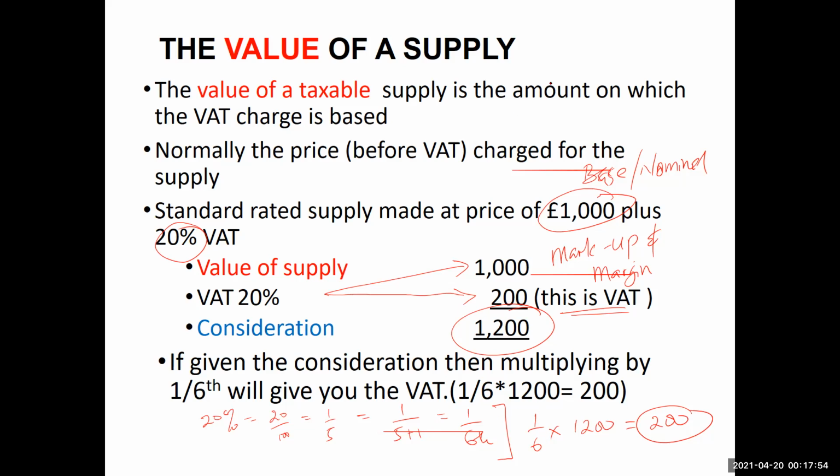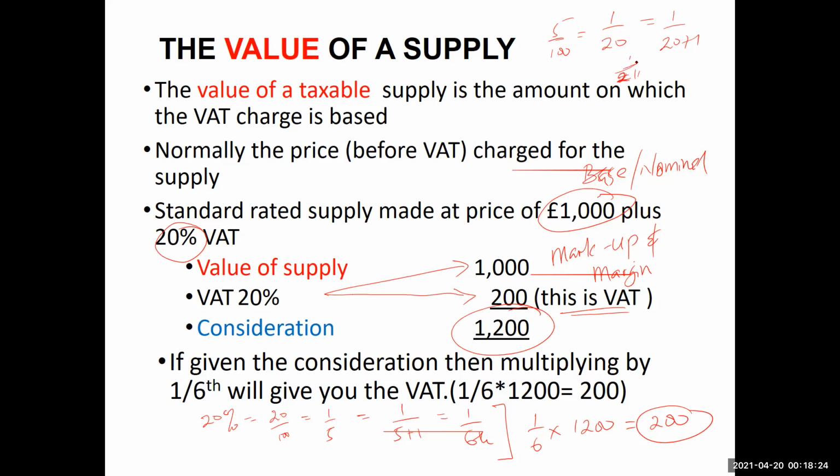So if it's a reduced rate of 5%, that is 5 over 100. If you want to find the other one, you can easily convert it. So try and see: 5 into 100 is 20. So you still get 1 over 20 plus 1, that is 1/21.